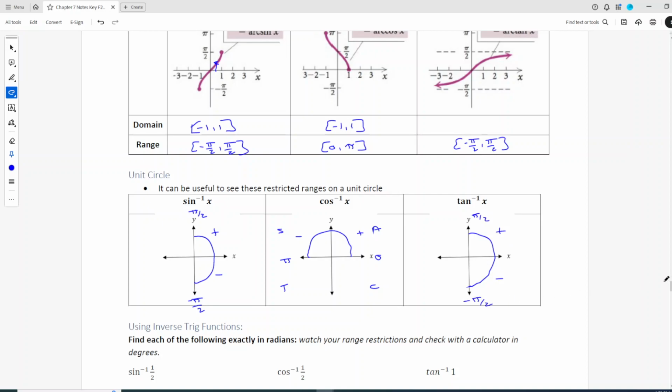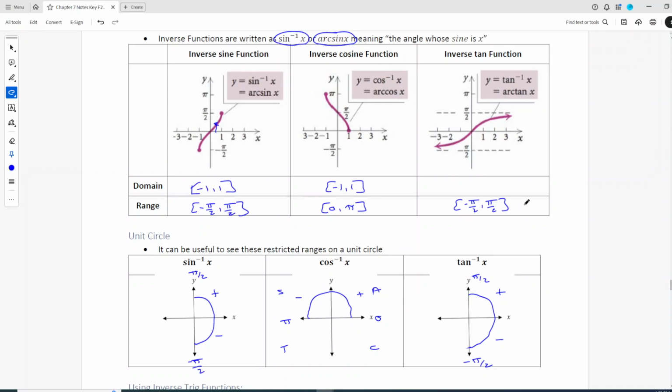Now I left the domain bit for a bit because what are you allowed to put in for tan? Well, you're allowed to put anything from negative infinity to infinity. Tan doesn't have the same restriction as sine and cosine. So for sine and cosine, you can only put in x values between -1 and 1. Tan, you can put in whatever you want. And then the outputs for sine and tan will be between negative pi by 2 and pi by 2. And for cosine will be between 0 and pi.